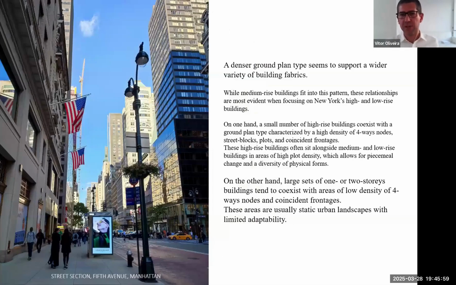And we realized that a denser ground plan type seems to support a wider variety of building fabrics. On the contrary, a sparser ground plan type, like the one that we have mostly on Staten Island, gathers a uniform or monotonous group of buildings.